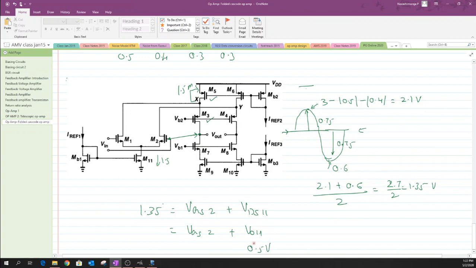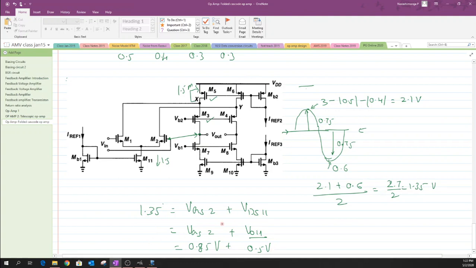So we'll dedicate a large factor of this 1.35 volt across this VOV, and the remaining value can be used for the VGS2. So that would be equal to 0.85 volt.